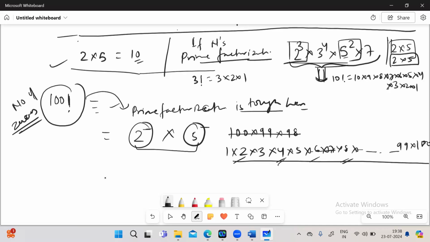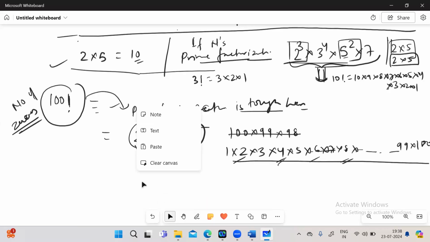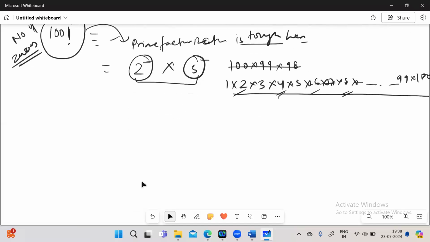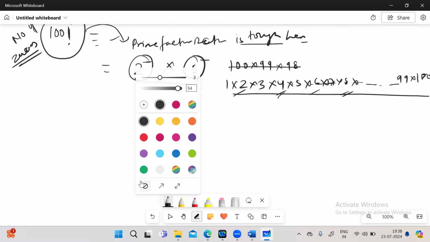So we will have more 2s than 5s. Basically, what we need to find is how many 5s are there in 100 factorial.